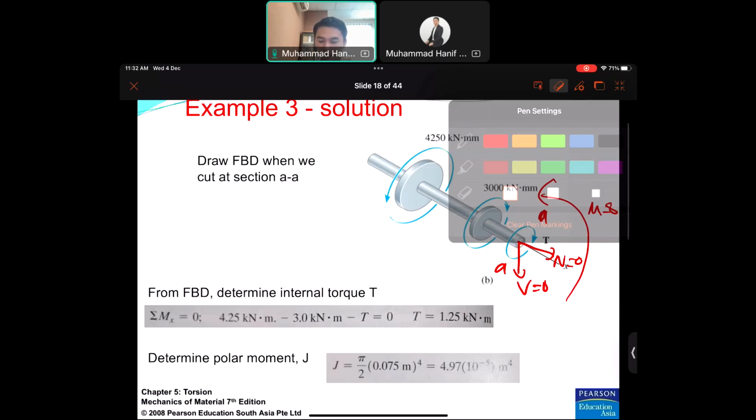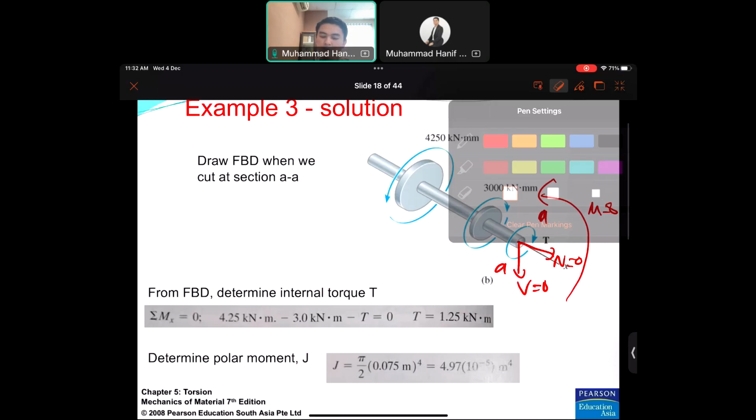So let's say you take the FBD on the right side, the answer will be the same. Sorry, I draw it here. So you take the right side, for example. This one is 1.25k, this is the load, and you have this direction of T. So using equilibrium, T minus 1.25k equal to 0, T equal to 1.25k Newton meter.